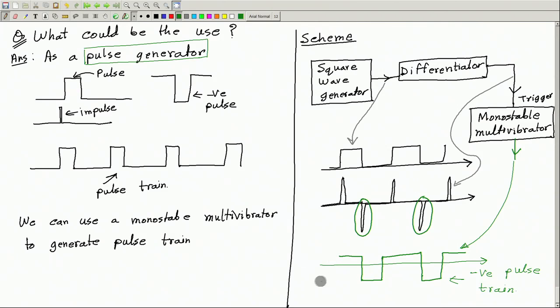So, you change the sign of the voltage using an inverting amplifier.